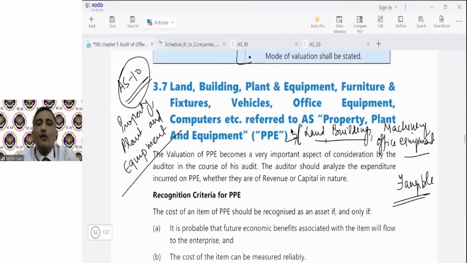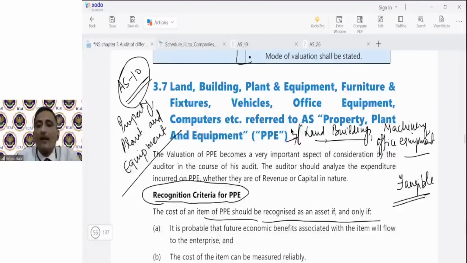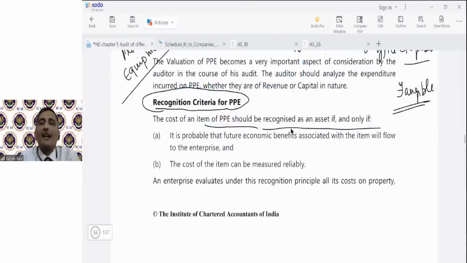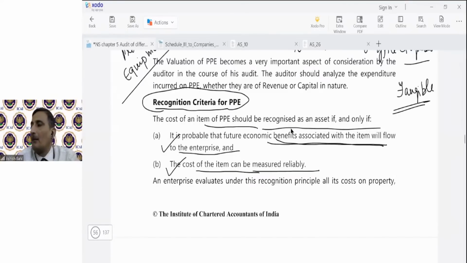So when we recognize the cost of an item of PPE, as per AS 10, students, the cost of an item of PPE should be recognized as an asset only if it is probable that future economic benefits associated with the item will flow to the enterprise and the cost of the item can be measured reliably.